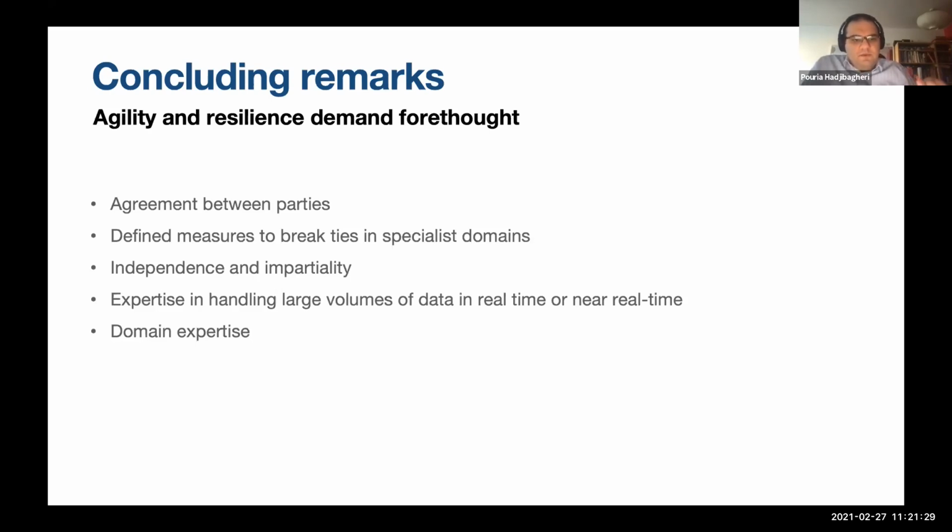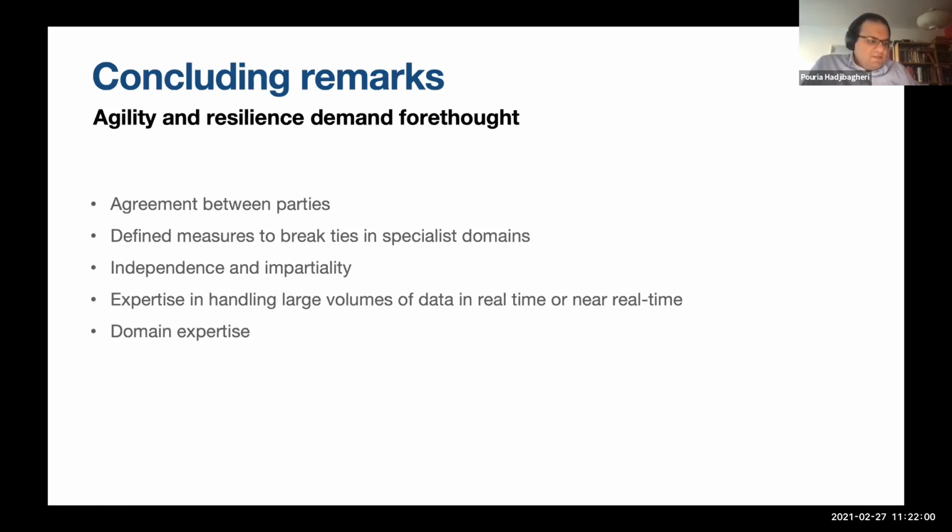Then, we need to have defined measures to break ties in specialist domains. The statisticians at the ONS are very good at what they do, but may not necessarily be public health specialists, or bioinformatics specialists, or specialists in whatever other domain we're talking about.